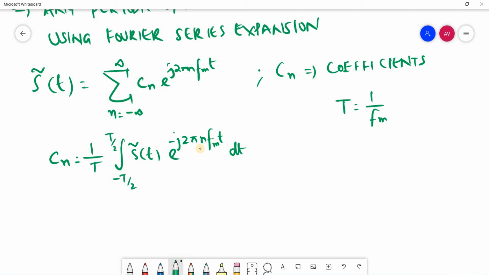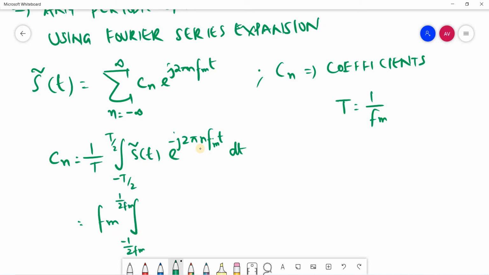So if I substitute it here, I will get Fm times integral minus T by 2, which becomes minus 1 by 2 Fm, and plus T by 2 becomes 1 by 2 Fm, right?